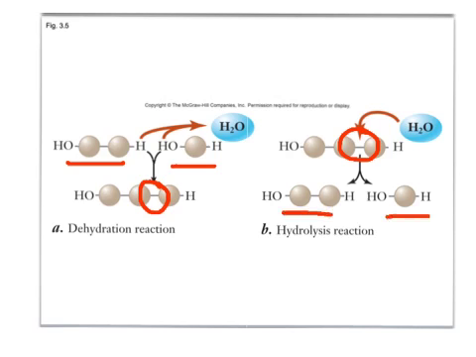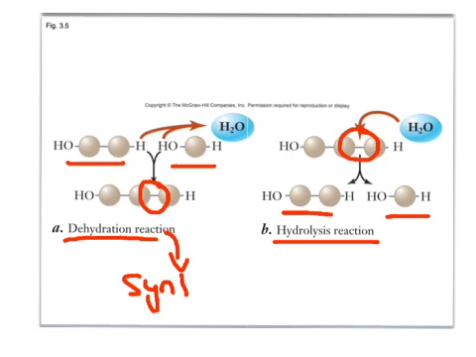So dehydration synthesis and hydrolysis. This is very important. Oftentimes you'll see, instead of reaction, dehydration synthesis. Synthesis means to make, to synthesize. So you either are removing water to make it or adding water to break it.